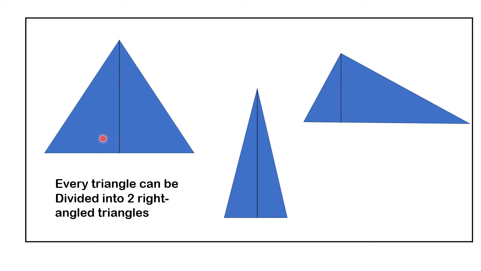So studying each and every triangle of different shapes and sizes was a tedious task. So the mathematicians came up with the solution of studying just the right angle triangles, and that helped in understanding the rest of the triangles. So that's the reason why trigonometry is all about right angle triangles.